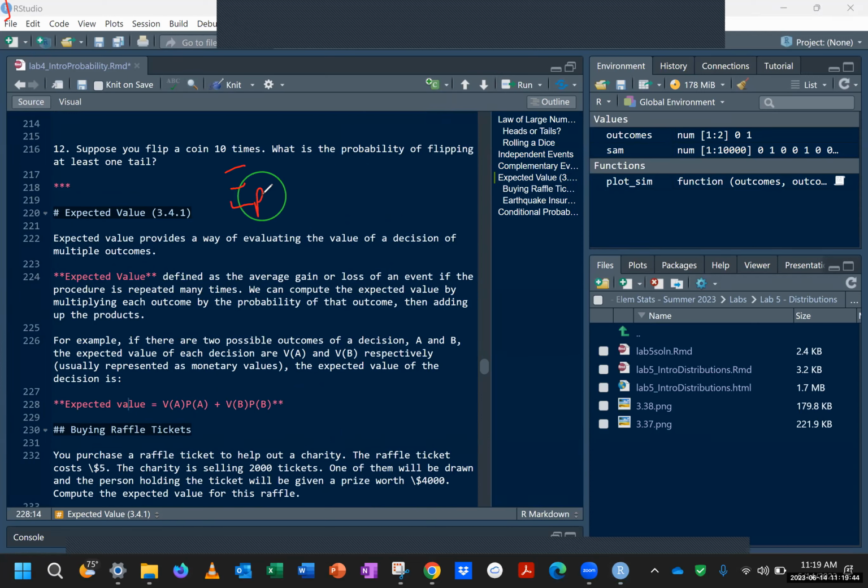Expected value, which I often write like that, is the value of A, how much money I would get if A occurs, times the probability of A. Then I add the value of B times the probability of B. If I want to find the expected value, all I have to do is find these 4 things. The examples will make this nicer.